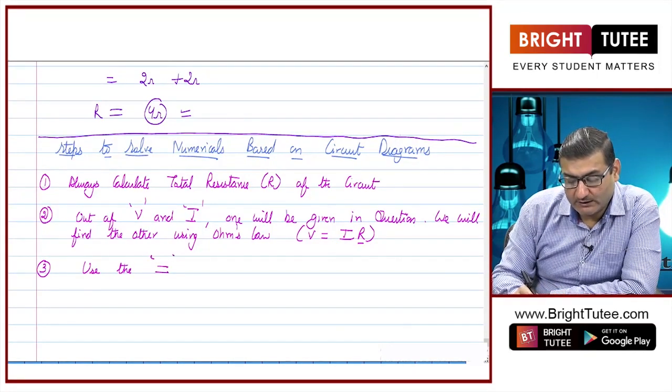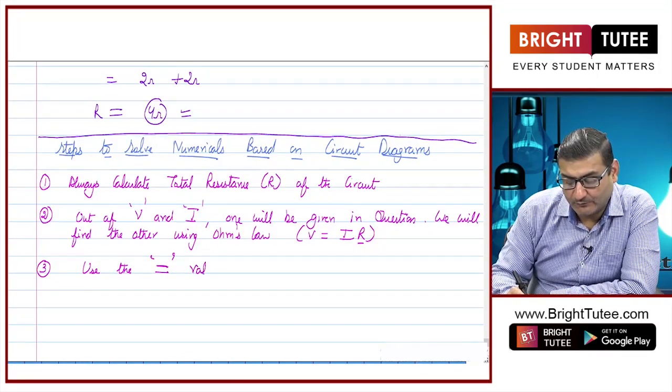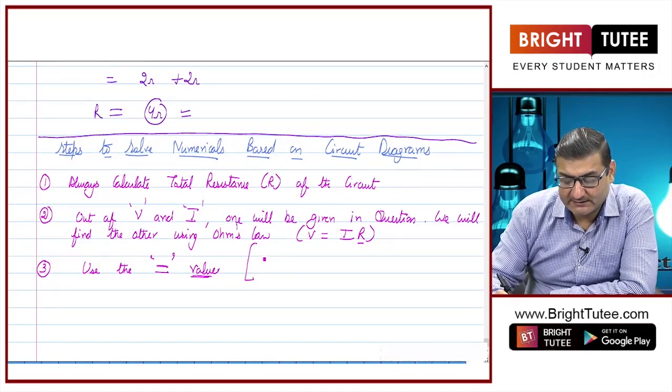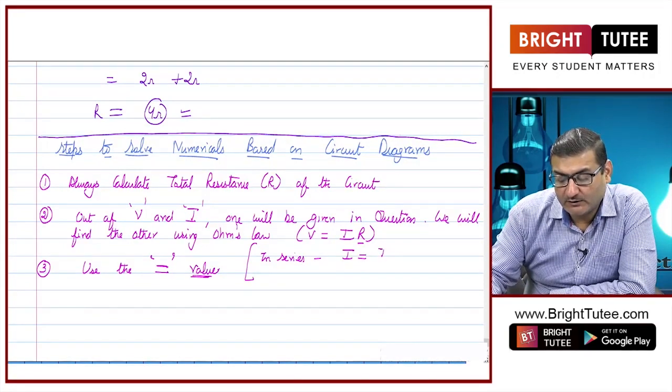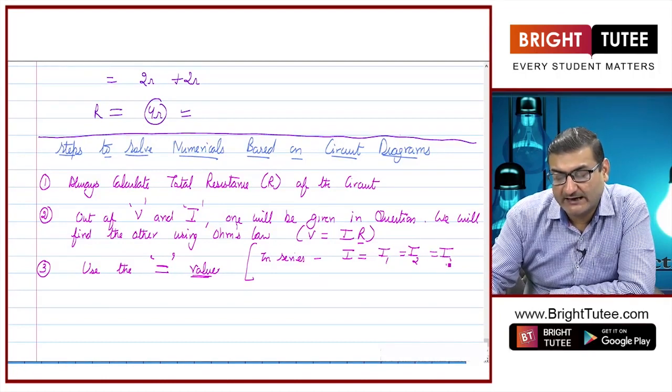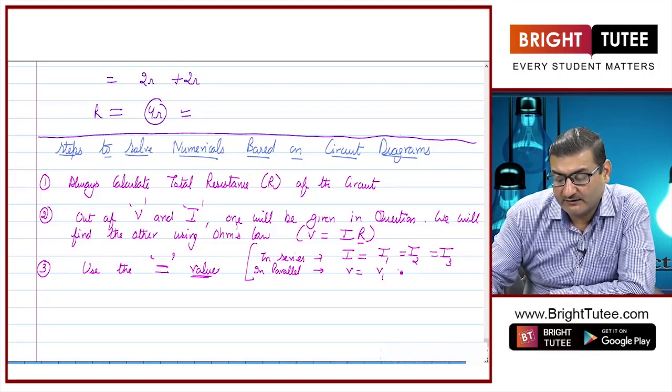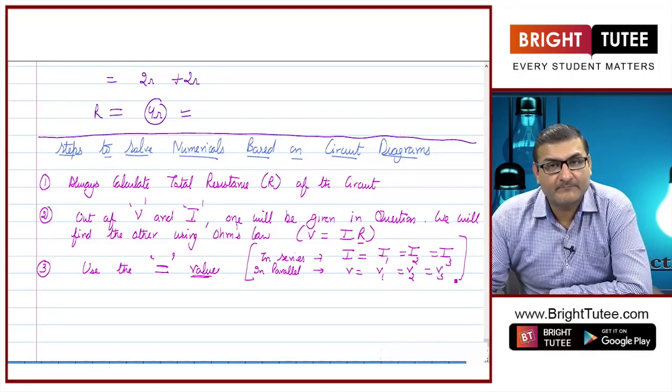Now, after this, we will utilize the equal-to value. Let us remind ourselves: in series, I is equal to I1 is equal to I2 is equal to I3 and so on, whereas in parallel, V is equal to V1 is equal to V2 is equal to V3.